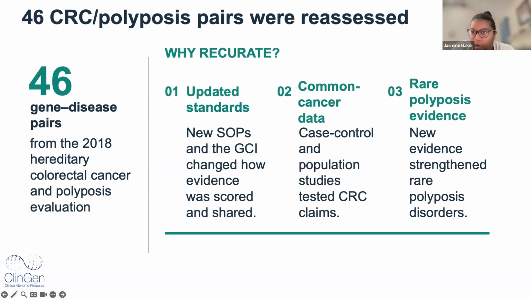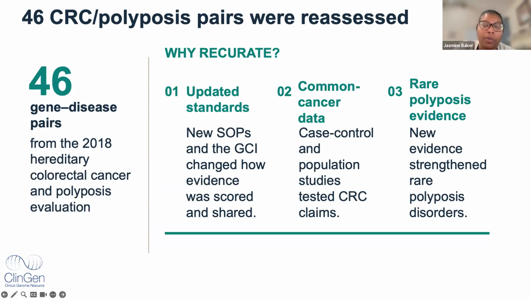So our team reassessed 46 colorectal cancer and polyposis gene disease pairs from the earlier 2019 evaluation. We needed to do this, just as a reminder, because our SOPs were updated and we have a gene curation interface now.